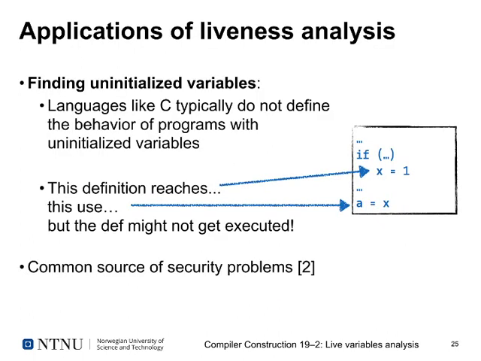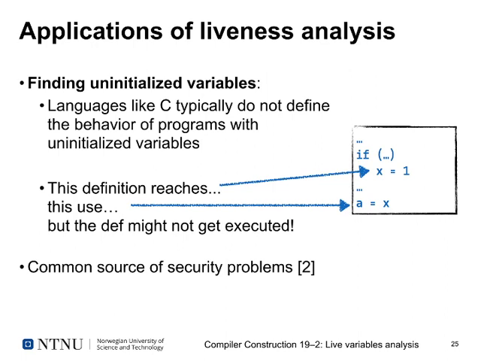So what can we use liveness analysis for? Of course, we want to enable so-called static analysis. So we want to figure out properties of our program at runtime, and these properties can be errors or possible errors in our program. These properties can be optimization opportunities. So one important thing in programs is finding uninitialized variables.